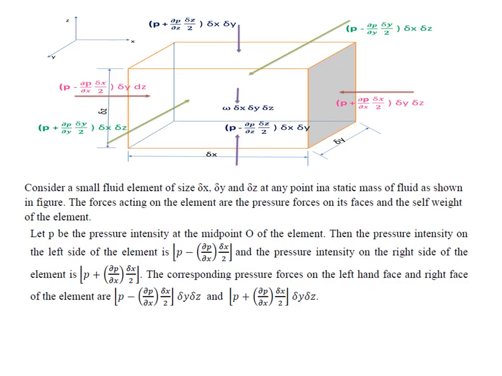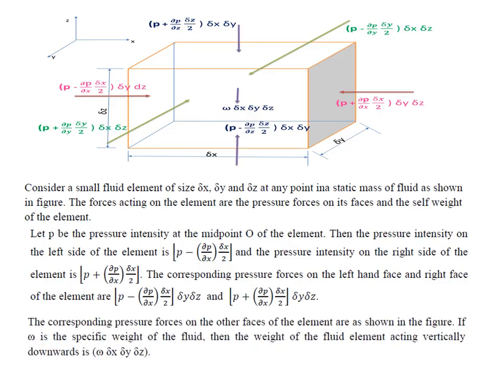If you want to convert pressure intensity to force, you have to multiply by the area. So pressure intensity is multiplied by the area ΔY ΔZ, as the pressure forces are shown in the X direction. Similarly, you can show them in the Y direction as well as the Z direction.